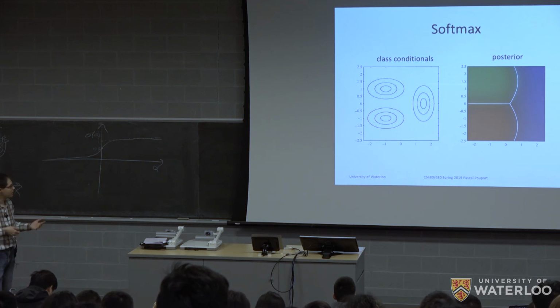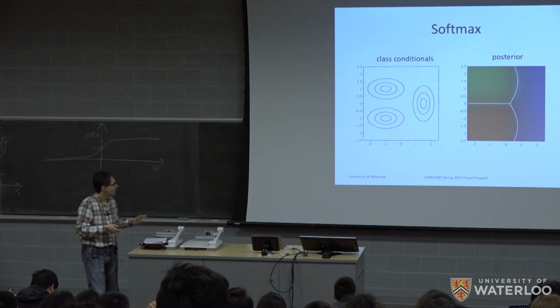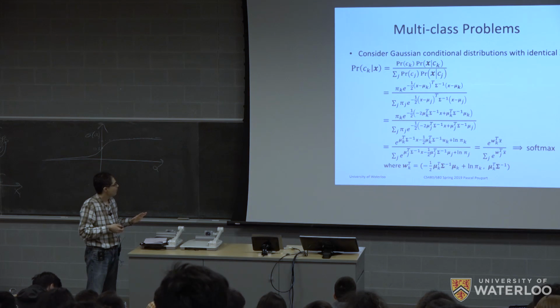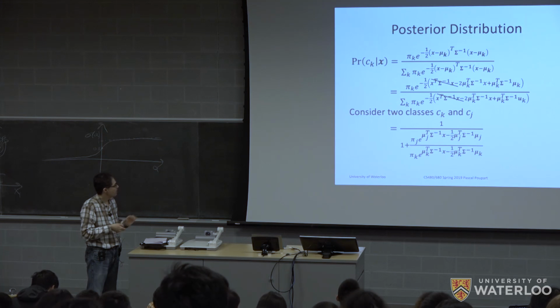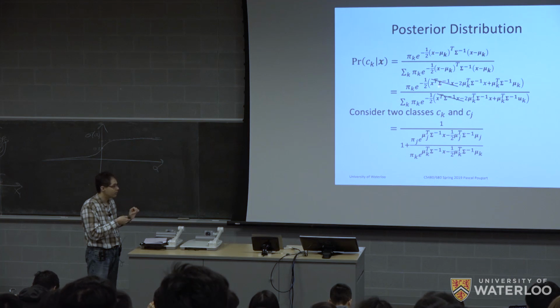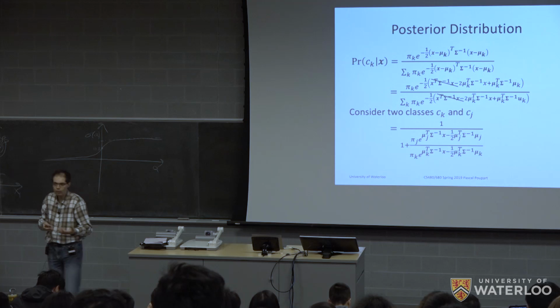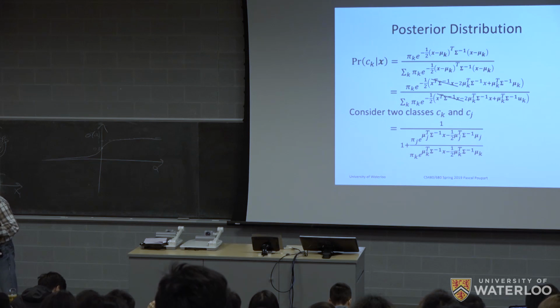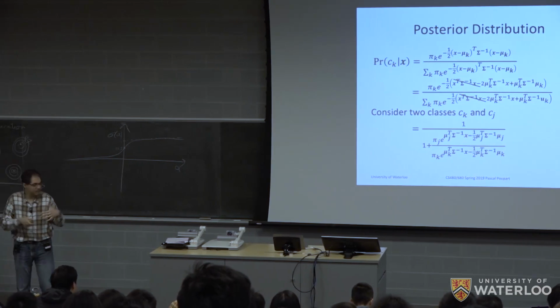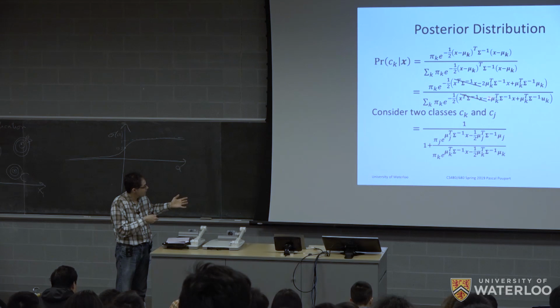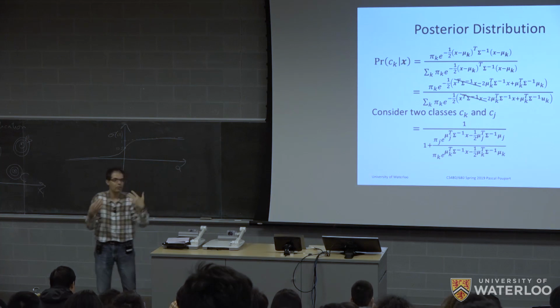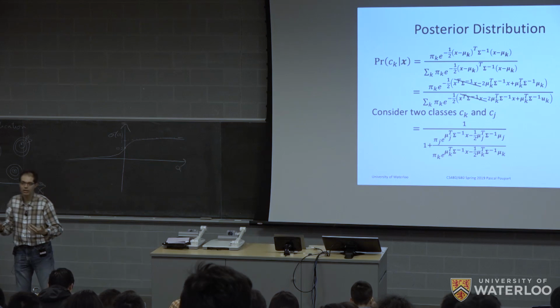Okay, so the boundary is not linear anymore, in part because if I go back, when I was doing some of the derivation, you see, if I have the same covariance matrix for all the classes, then I can simplify this term. But if I have different covariance matrices, I cannot simplify this term. And this is the term that if I keep it, now I have something that's quadratic in x, and as a result, I won't have a boundary that's linear in x, right?